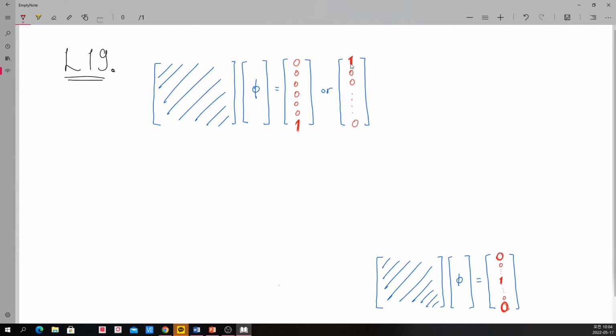We can always introduce normalization. So the point is which one is non-zero.